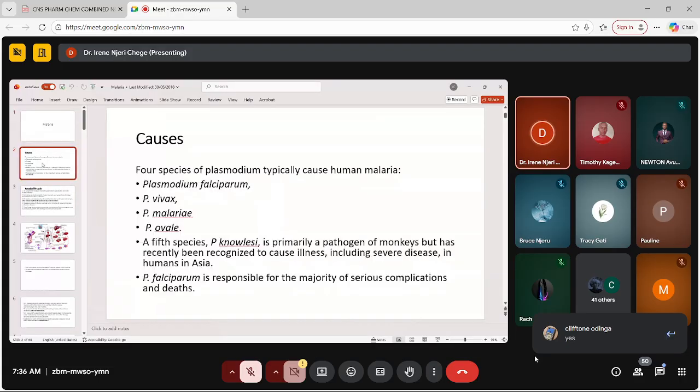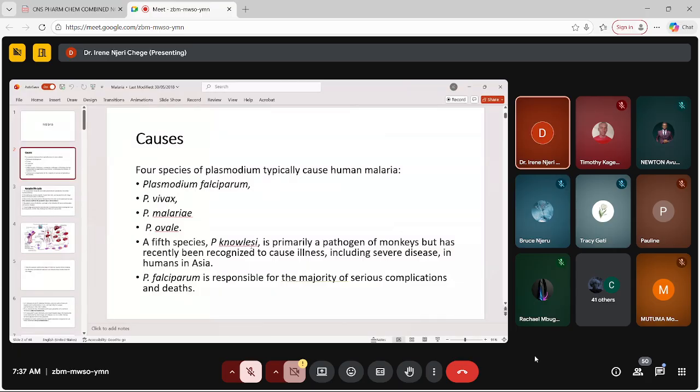So malaria. Now malaria has 5 causative organisms. We have Plasmodium falciparum, P. vivax, P. malariae, P. ovale, P. knowlesi.